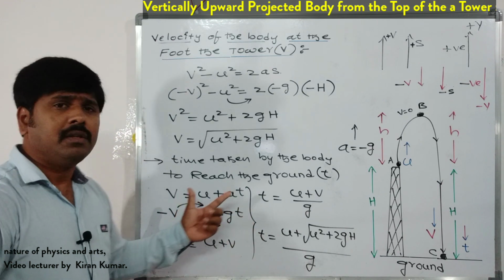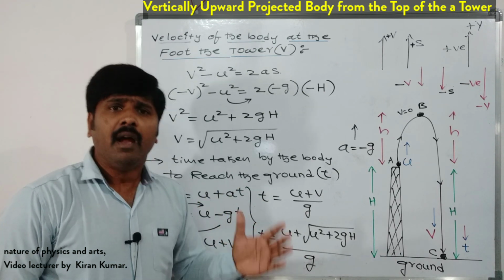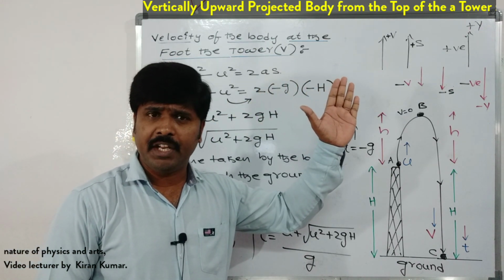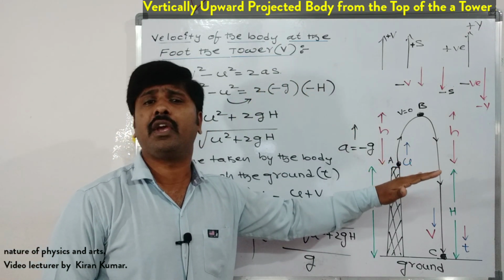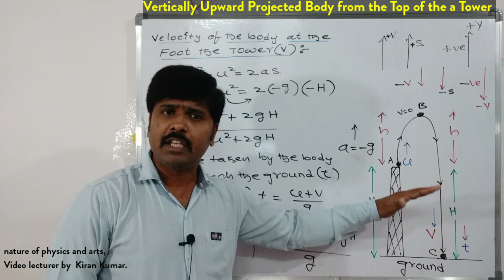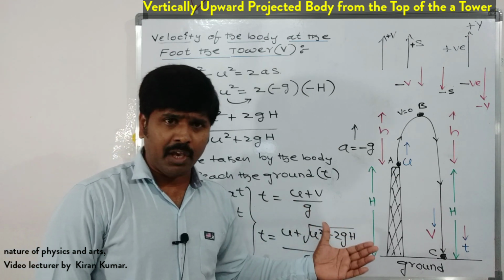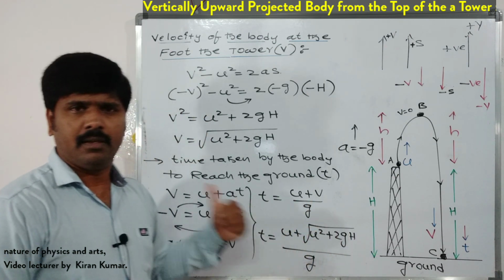Clearly given here, you just have to identify the directions. Upward direction is positive velocity and displacement, downward direction is negative velocity and displacement. So a very simple derivation, clearly I gave you. Once copy this.